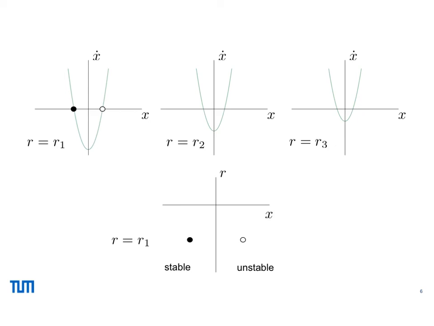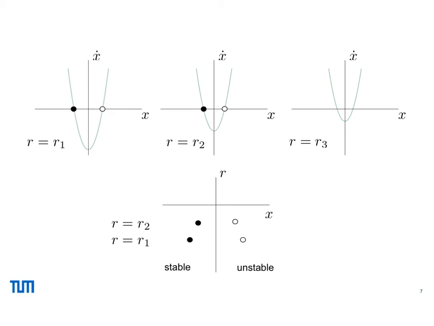Now we will have a plot that will be strictly used for picturing the fixed points. So we have here x and r, and for r equal to r1, we just draw the black and the empty dot like this. Now when we go to r equal to r2, there are 2 points that appear.